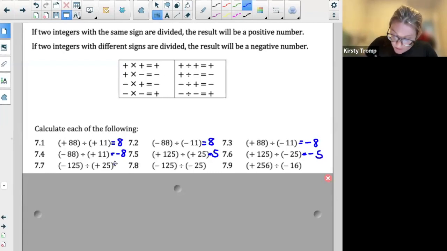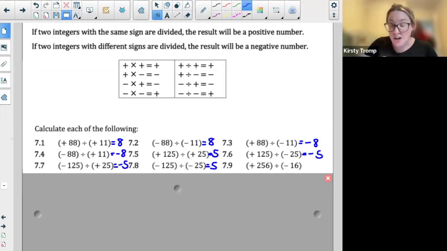Can you see how I always do it in steps, everybody? A negative divided by a positive gives me a negative. 125 divided by 25 gives me 5. A negative divided by a negative gives me a positive. 125 divided by 25 gives me 5.